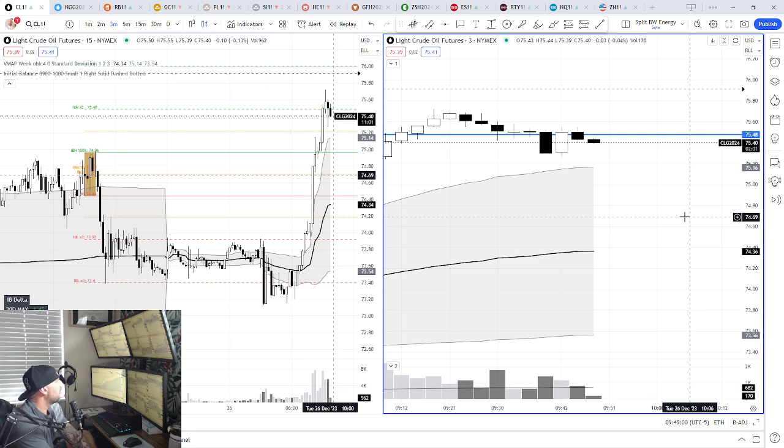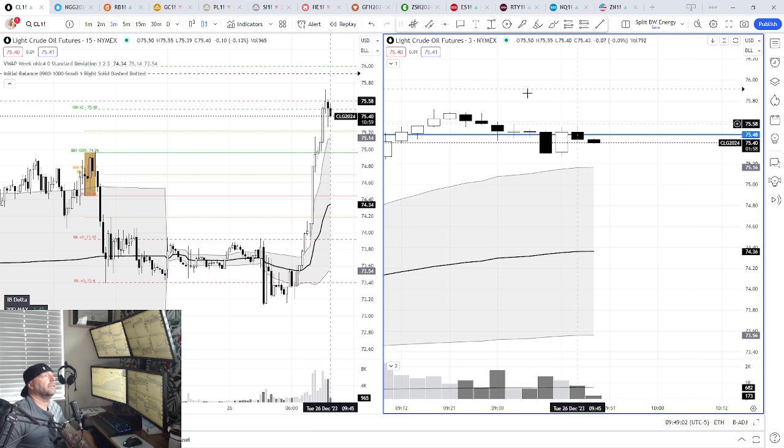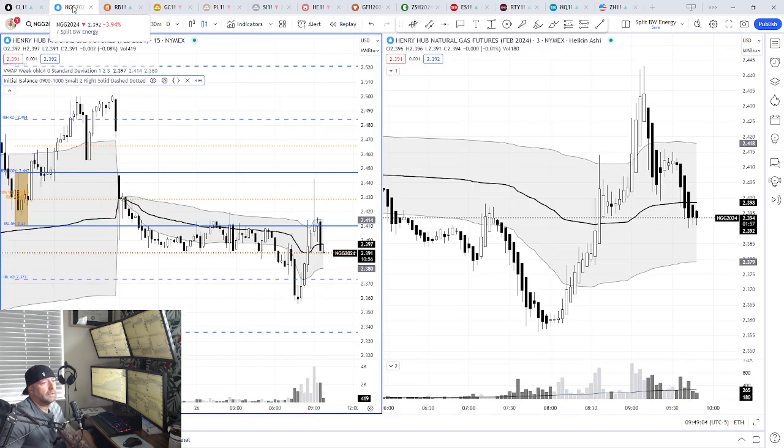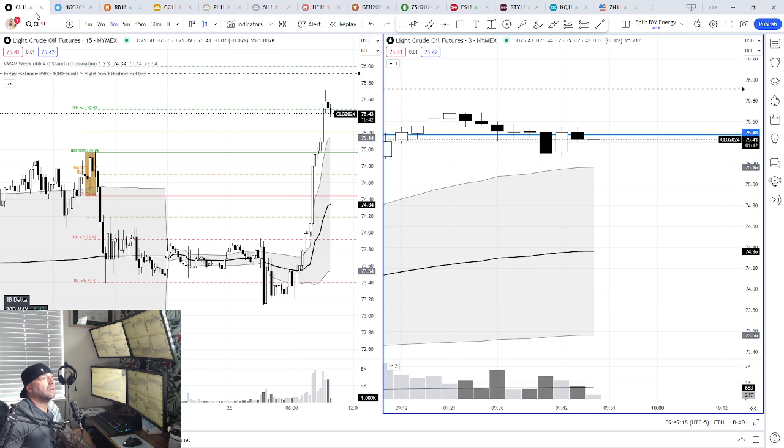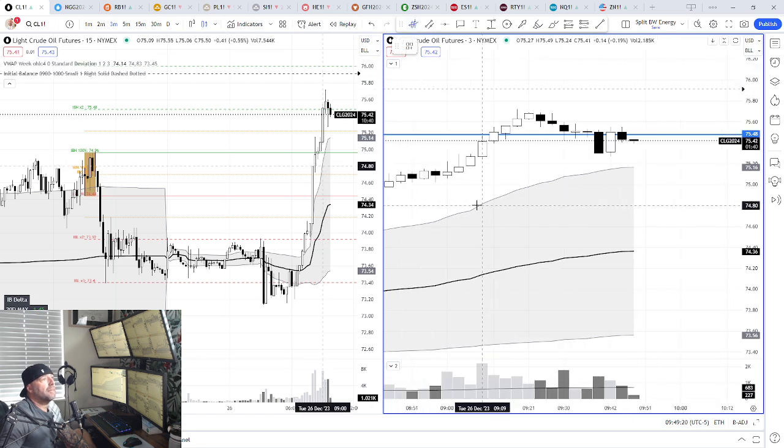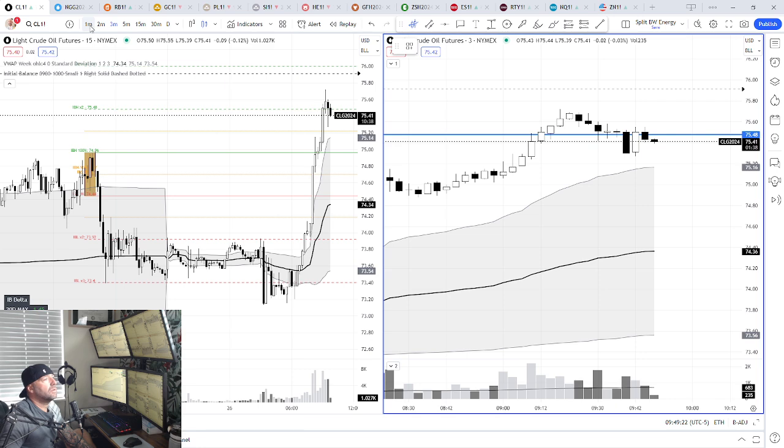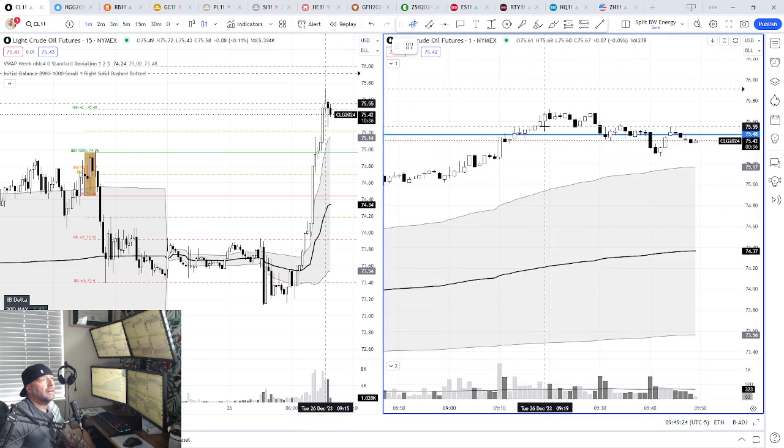Okay, now we got the lower highs in oil. It also just tapped off of the value area low for the anchored VWAP from the high. Yes. So anchor VWAP changes to a 1 minute so you can see it better.